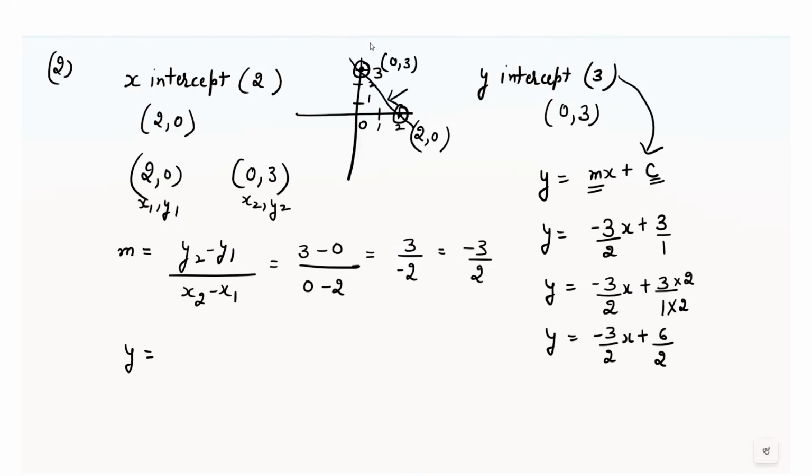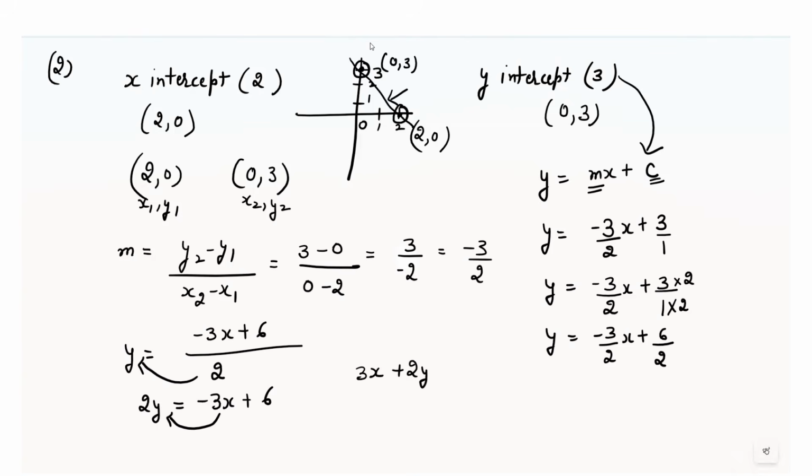Since the denominators are the same, we write 2 once here: minus 3x plus 6. This 2 will go to this side, and we get 2y is equal to minus 3x plus 6. We can take this negative value to this side and we get 3x plus 2y is equal to 6. So we have the same equation which we got from the first method.